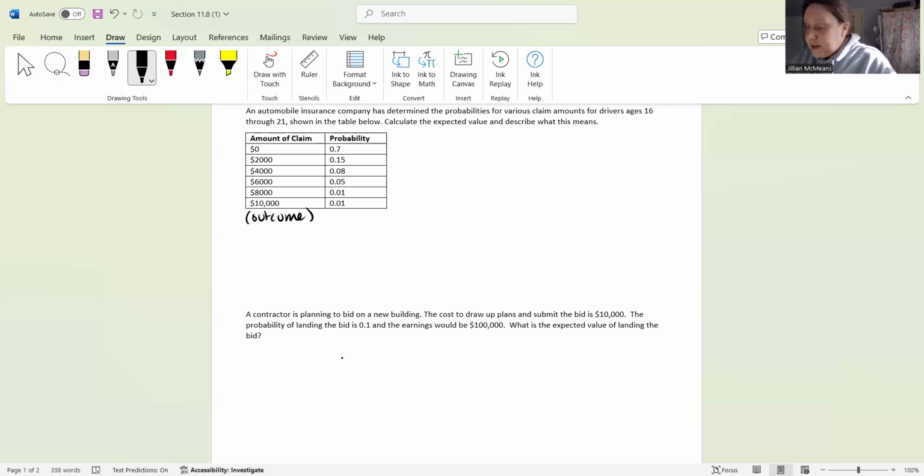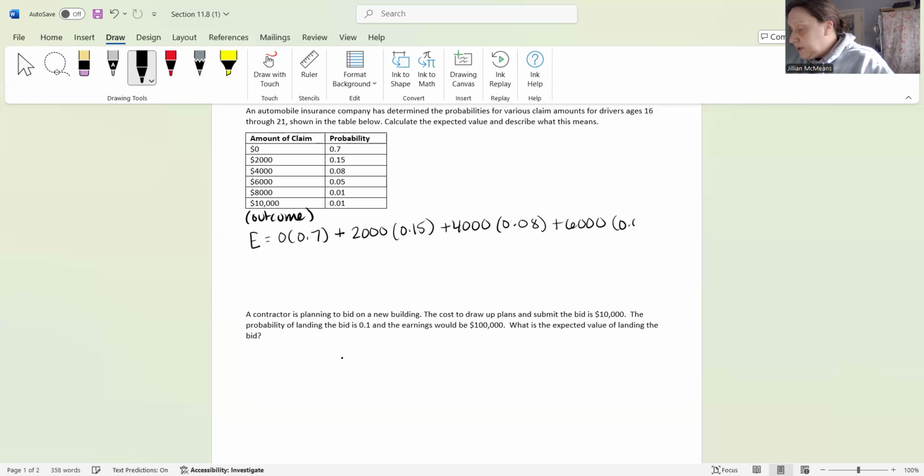So if we were going to calculate the expected value, we would take each claim amount, so $0 times 0.7, $2,000 times 0.15, $4,000 times 0.08, $6,000 times 0.05, $8,000 times 0.01, and $10,000 times 0.01.